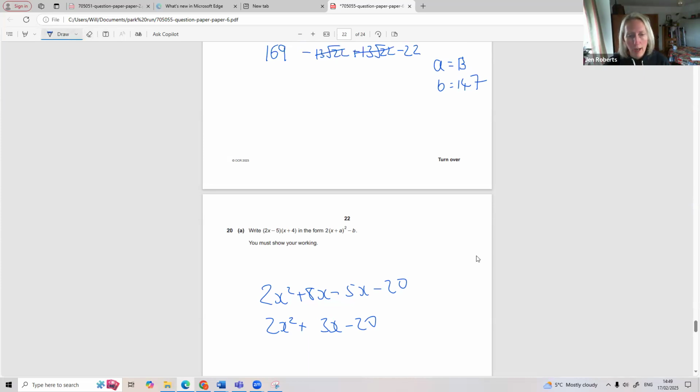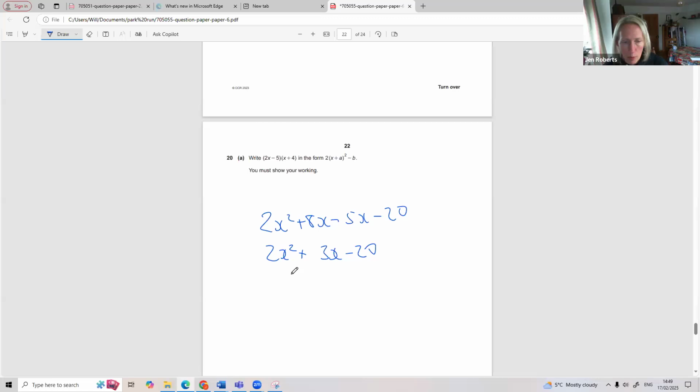To complete the square, we need the coefficient of x squared to be 1. It's 2 at the moment. I'm just going to divide through by 2 and factorise it. 3 divided by 2 is 1.5. If I expanded these brackets here, I get 2x squared plus 3x minus 20. Now I'm going to complete my square with this bit.